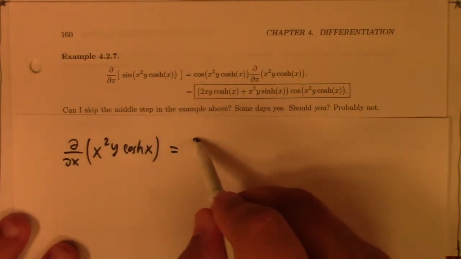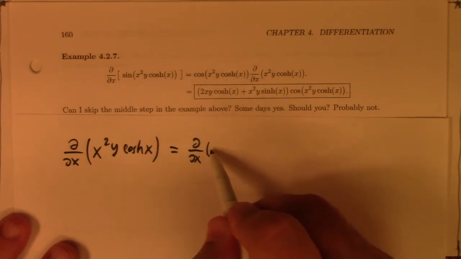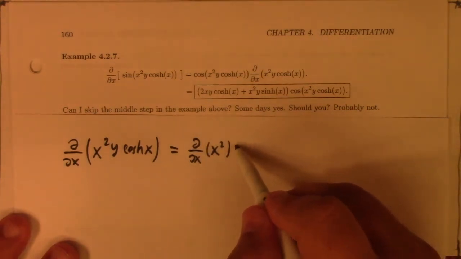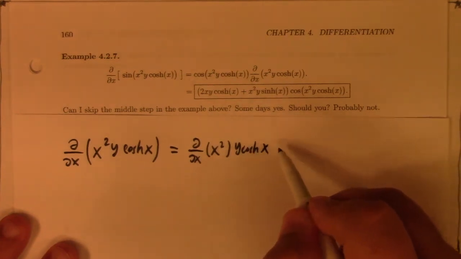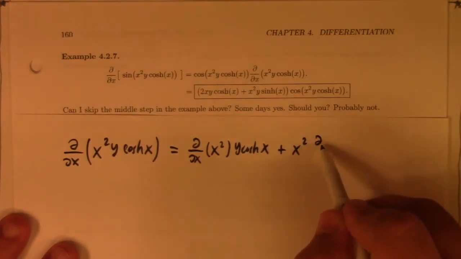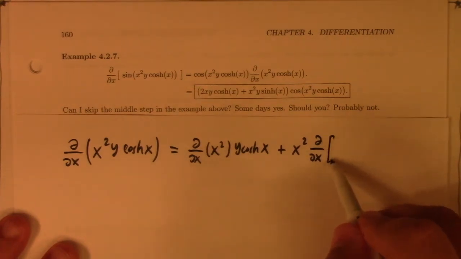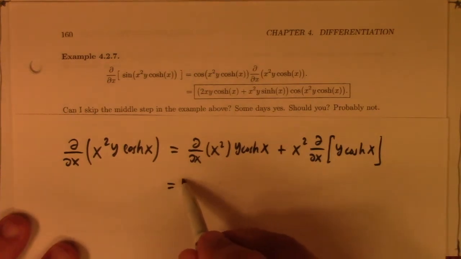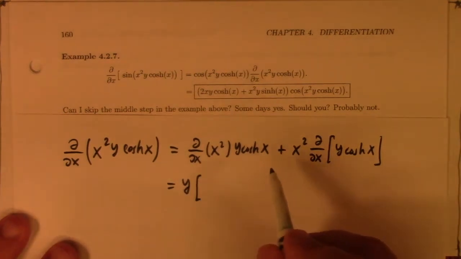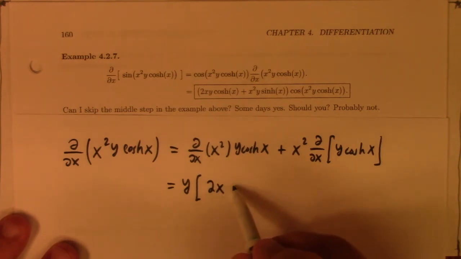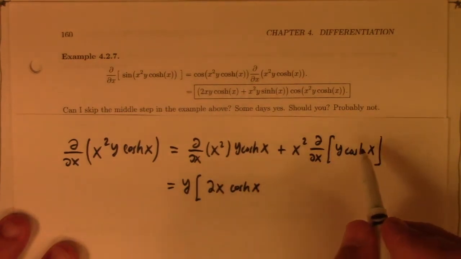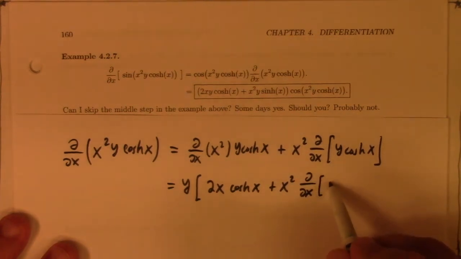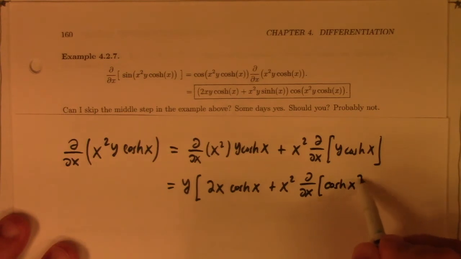So what we got is partial x of x squared times y cosh x, plus x squared partial x of y cosh x. Now this y we can pull out front. Let's just pull both y's out. And then we're going to get 2x cosh x from the first one, and then over here we get plus x squared partial x of cosh x. I didn't do the differentiation yet.